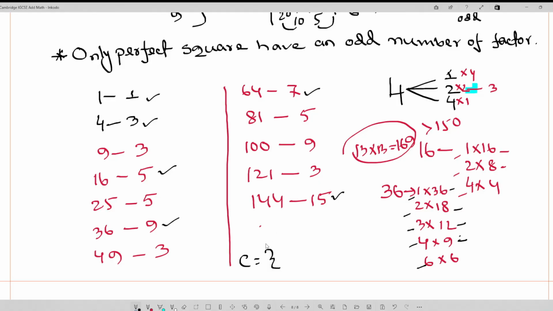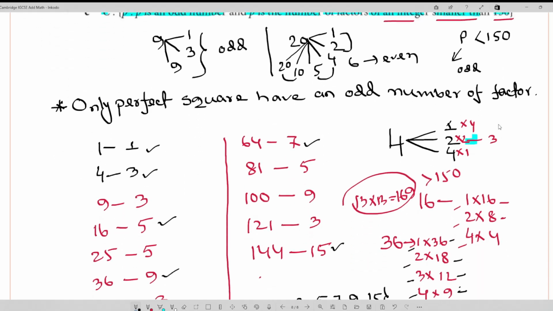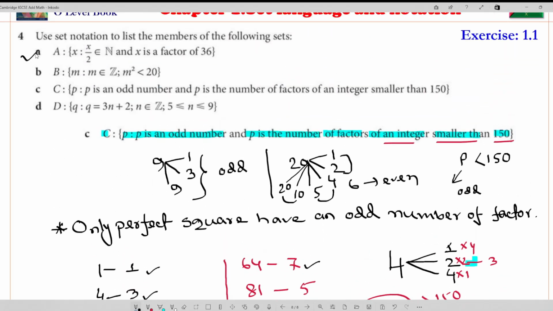So we can write 1, 3, 5, then 7, then 9, and finally 15. We will not take any repeated number, and everything is an odd number, smaller than 150. So this is our answer, number A, number B, number C, done.